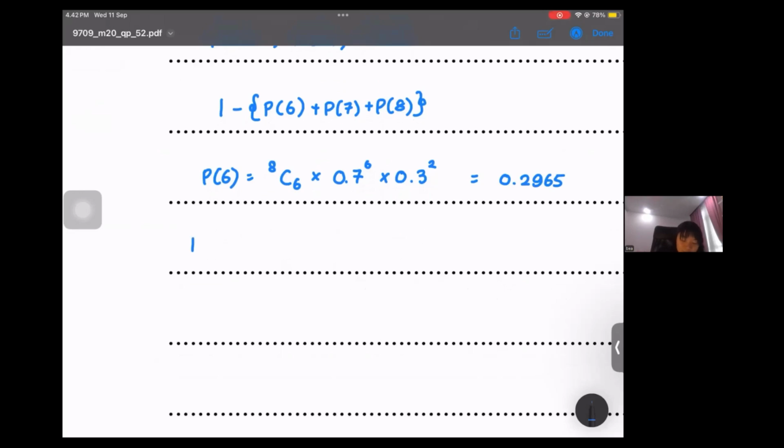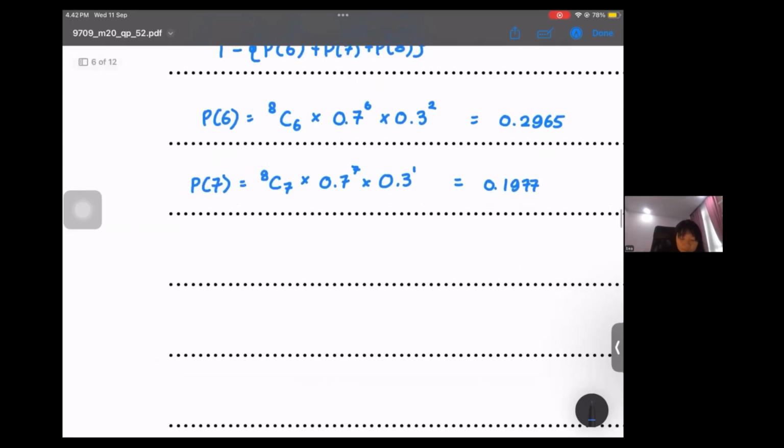Now, for probability of 7, it will be the same as probability 6, except it will be 8 choose 7 multiplied by 0.7 to the power of 7 multiplied by 0.3 to the power of 1. And put these values into your calculator and you'll get 0.1977.